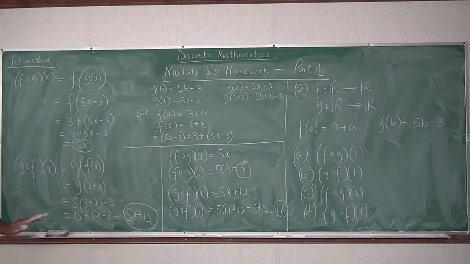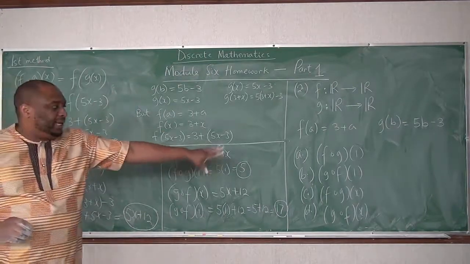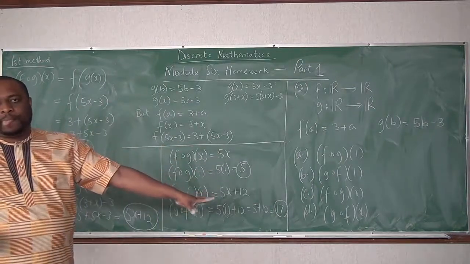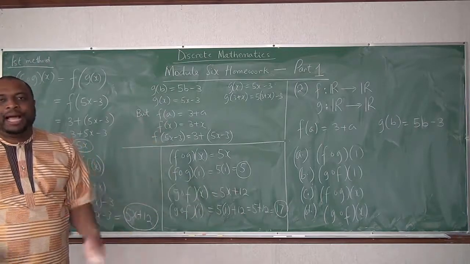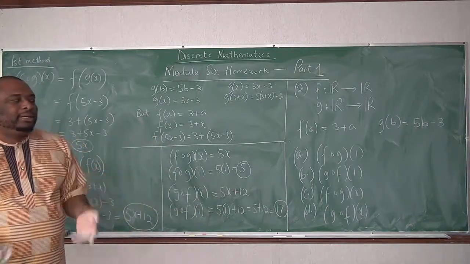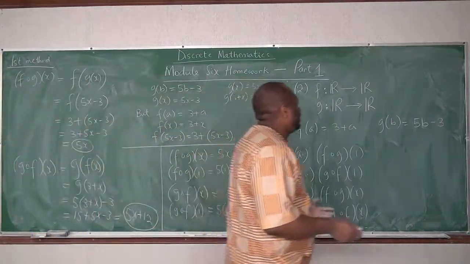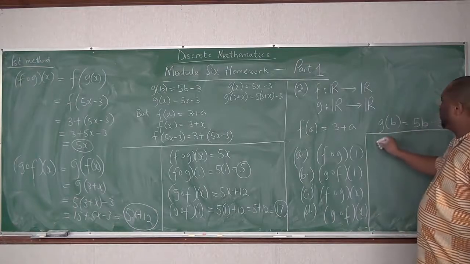Okay. I can also do A and B without having to first do C and D. And I can call that the second method. I can show you what I mean. So let me write second method here.